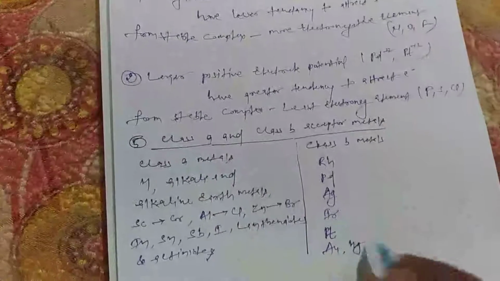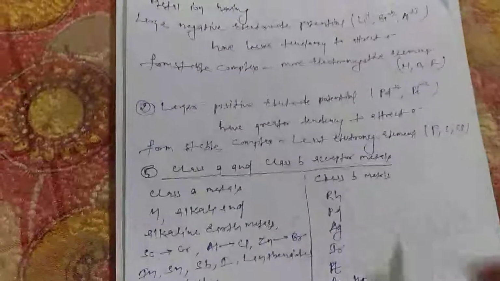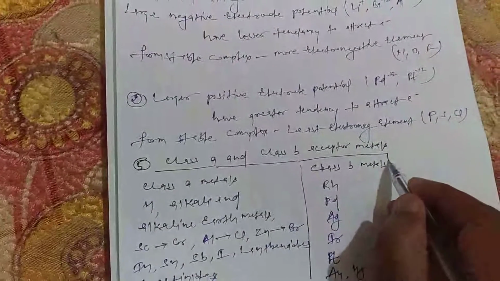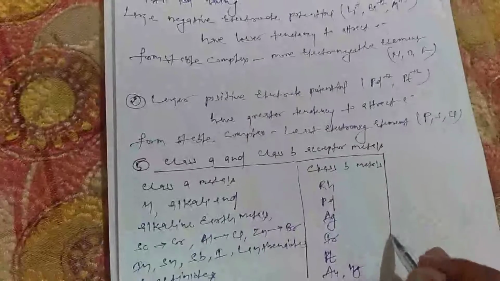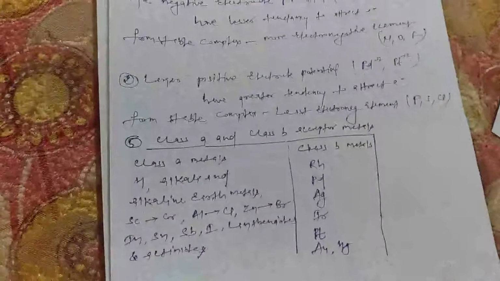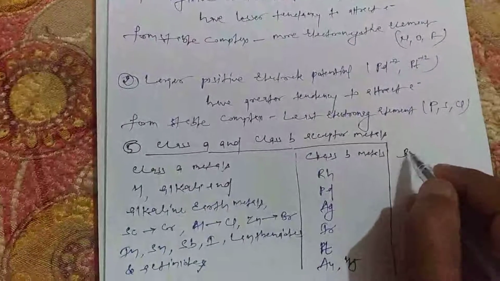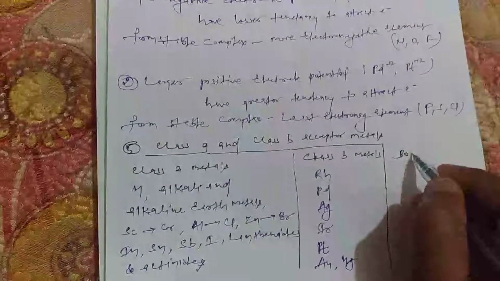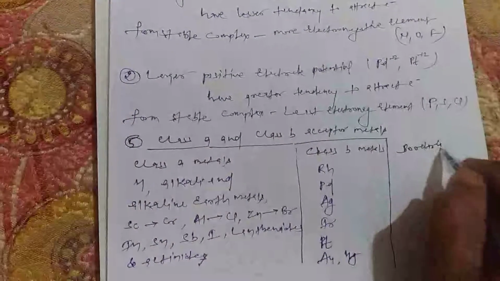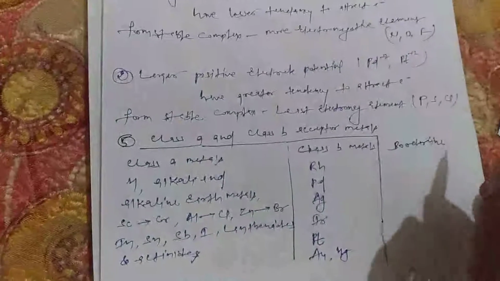So these all are class B metals. And the third one is the borderline metals, which are actually intermediate.